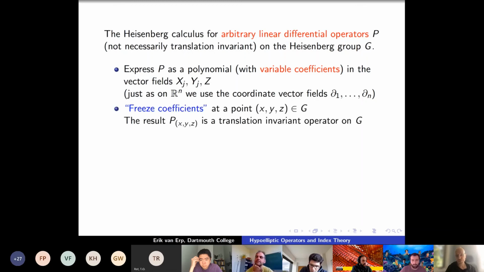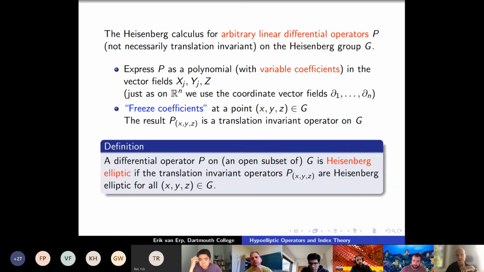Then you freeze coefficients at a point of the group. So XYZ, like I said, is a point in the Heisenberg group. And then, just as before, we have not a constant coefficient, we have a translation invariant operator. Okay, and so any differential operator on the Heisenberg group is Heisenberg elliptic if all these translation invariant operators that you get by freezing coefficients are Heisenberg elliptic.